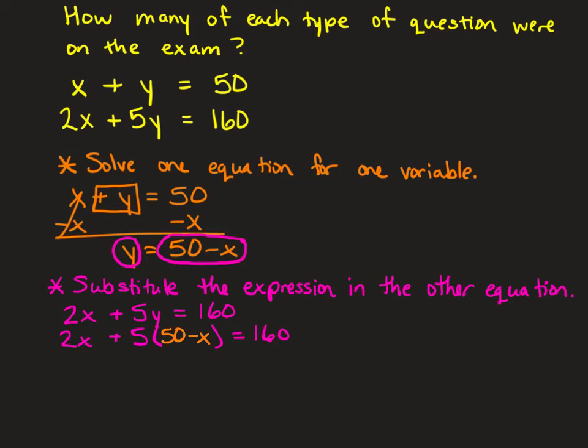So I'm going to simplify it. 2X plus 5 times 50 is 250. 5 times negative X is negative 5X. I can combine my like terms on the left side. So I'm going to bring down the 250. 2X minus 5X is negative 3X.